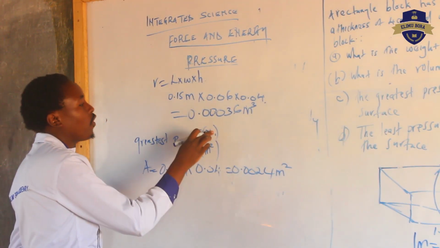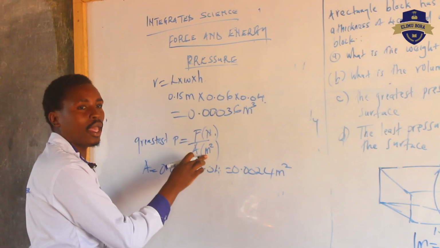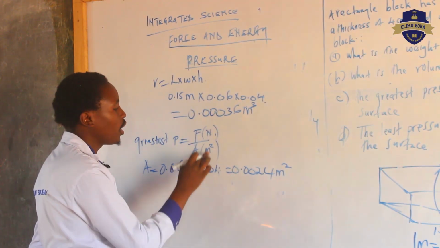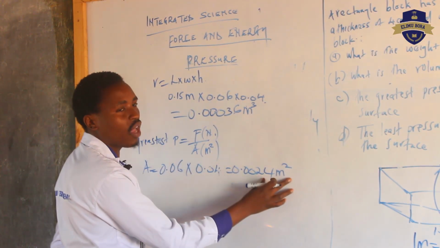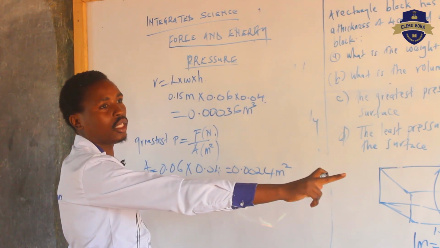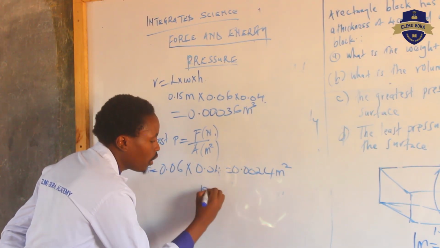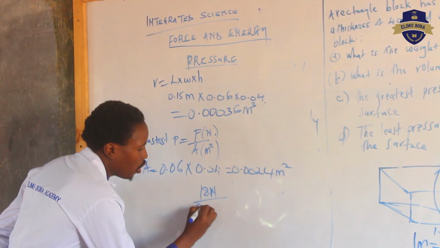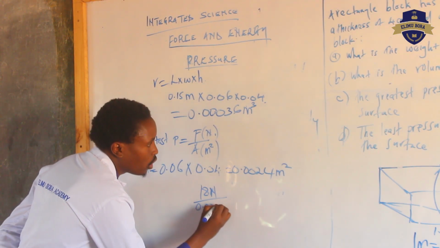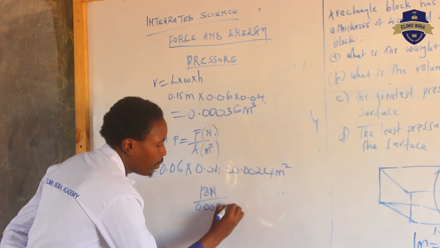The greatest pressure is force over area, in Newton and meter square. Already you have the area in meter square and our force as 18. So we shall take 18 Newton over 0.0024 meter square.